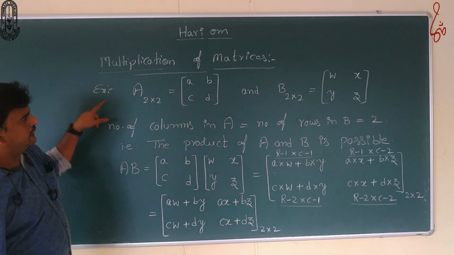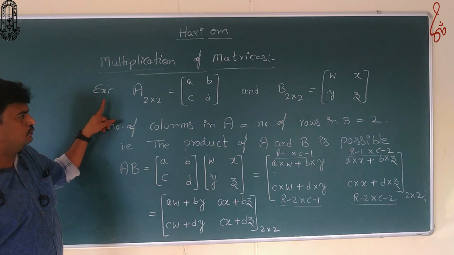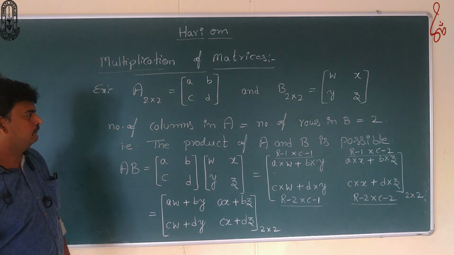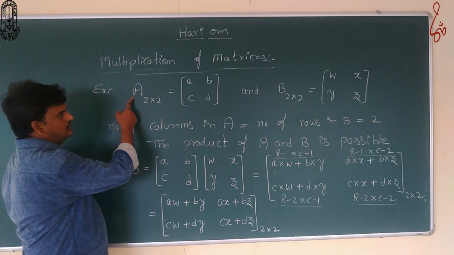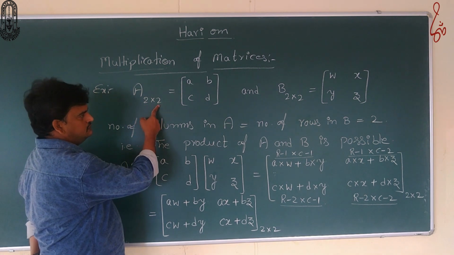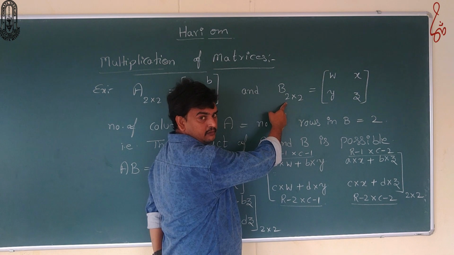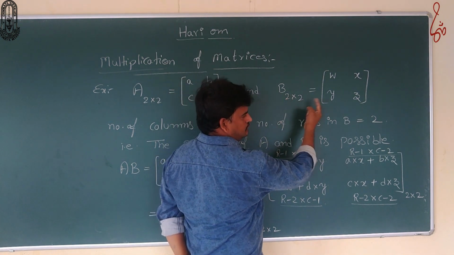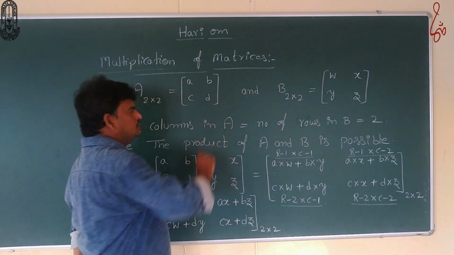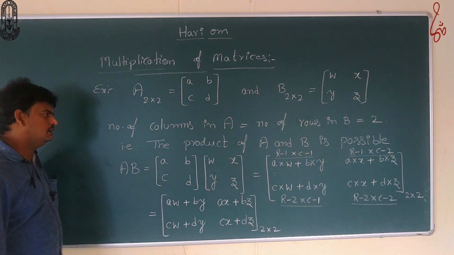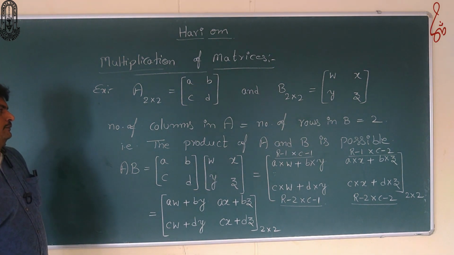This is the general definition of the concept of multiplication of matrices. Here we have an example to understand how to find the product. There is a matrix A with 2 rows and 2 columns, which means it is a square matrix, and we have another matrix B with 2 rows and 2 columns. These two matrices are square matrices having the same order.